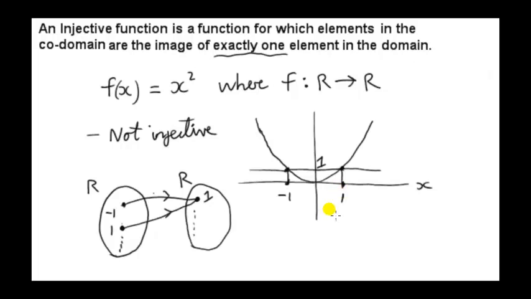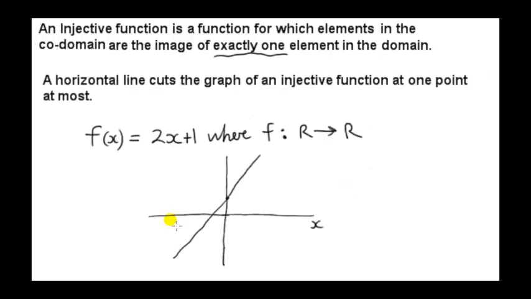So f of -1 equals f of 1, which is +1. In general, a horizontal line cuts the graph of an injective function at 1 point at most.